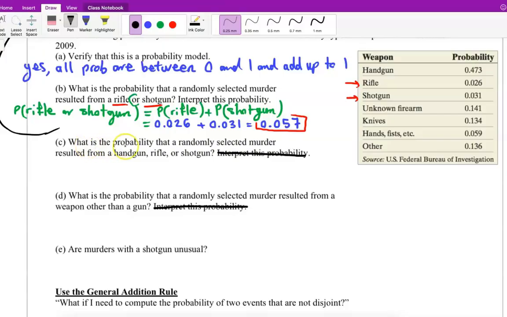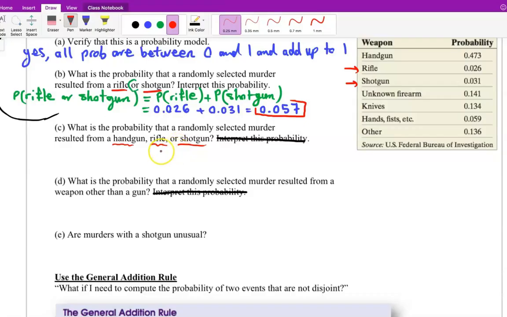Here is: what is the probability that a randomly selected murder resulted from handgun, rifle, or shotgun. So here we have 3 events on this board, and between them we have or again: or rifle, or shotgun.